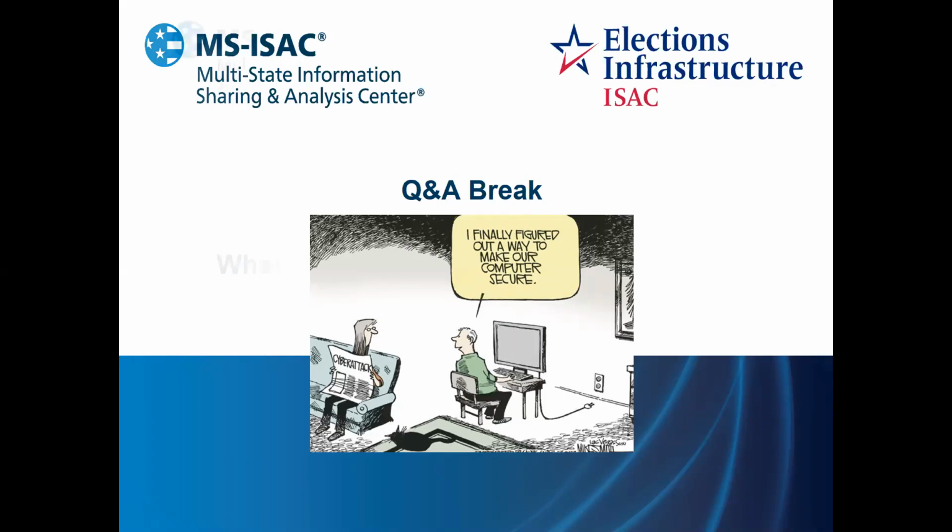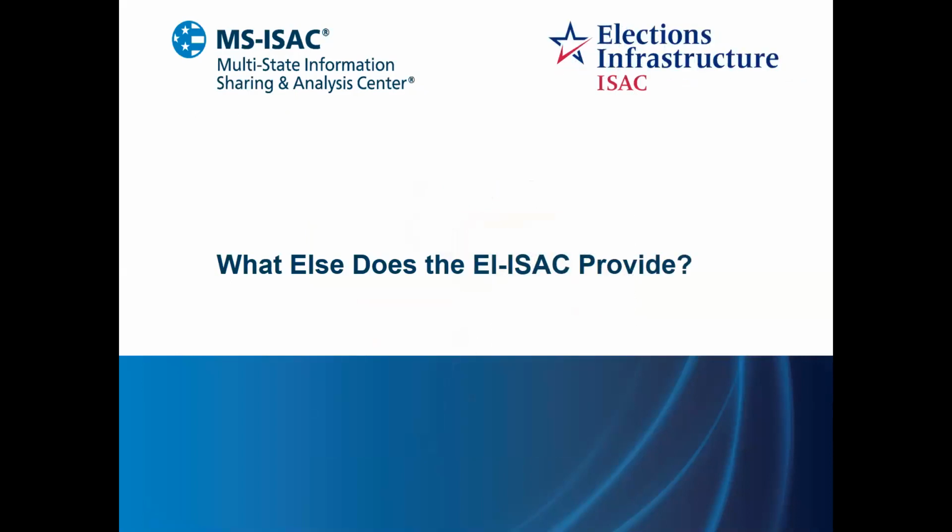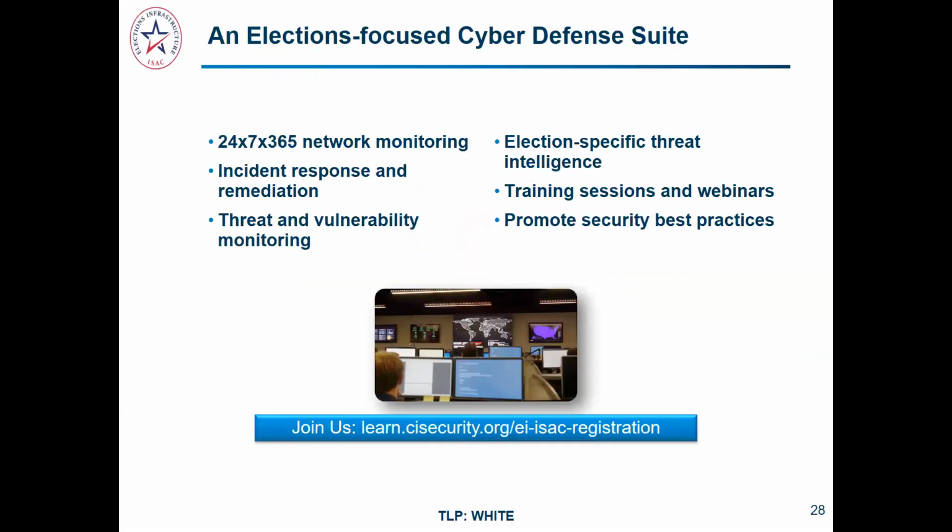Sounds great, Judd. Even though there are those five things we want you to focus on, there are a few other parts of the EI-ISAC that we want folks to be aware of that provide additional value and can help you as you try to engage your membership.